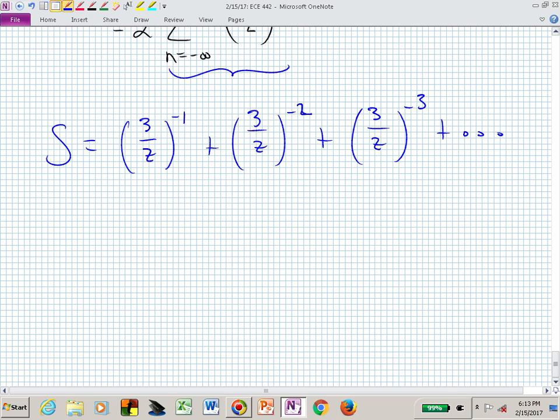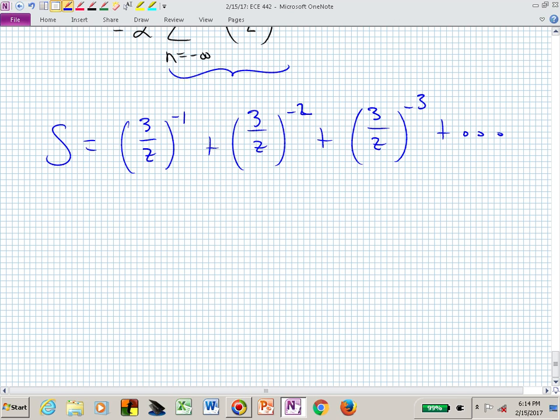What do I want that common factor to be now that I'm raising it to negative exponents? This is sort of just the upside down version of what we've talked about before. Typically we said we were raising these terms to higher and higher powers, and so we needed the common ratio to be less than 1. Now what do you think we need?